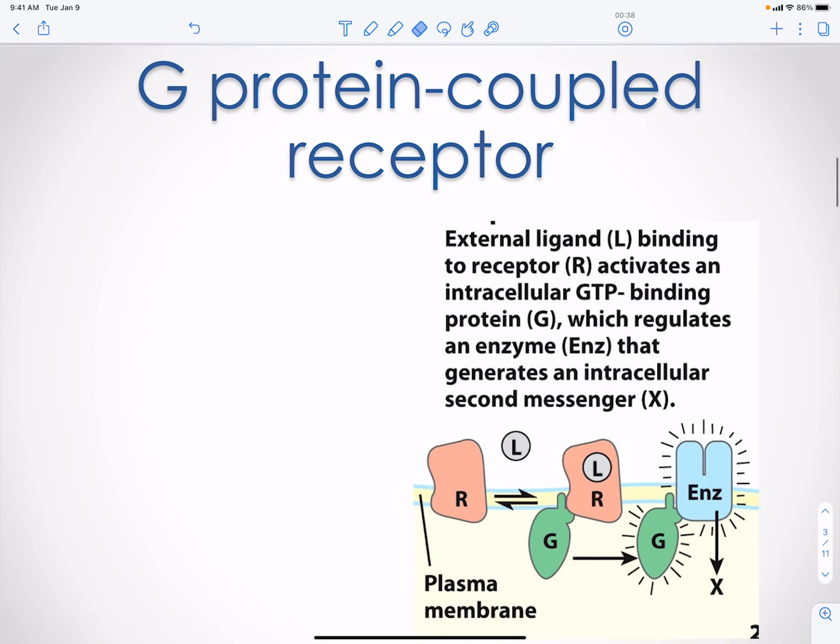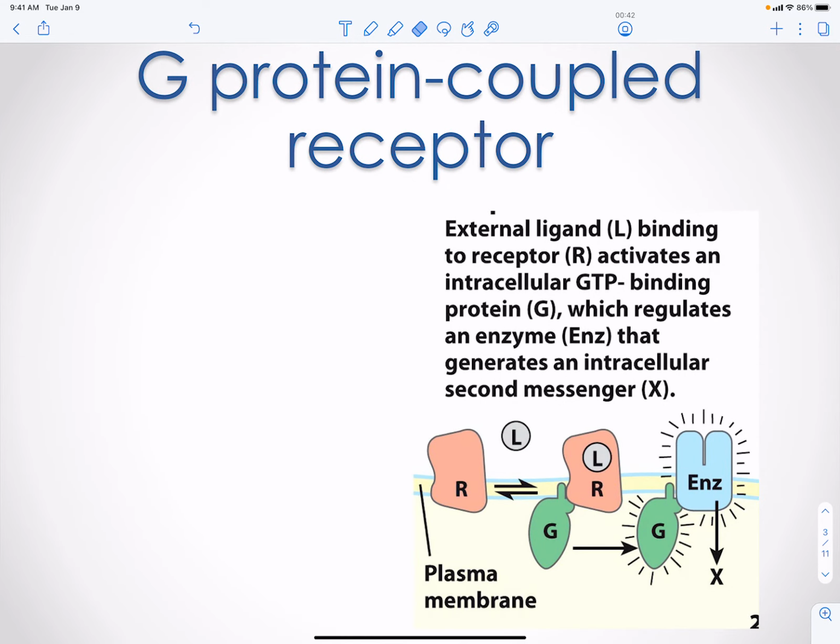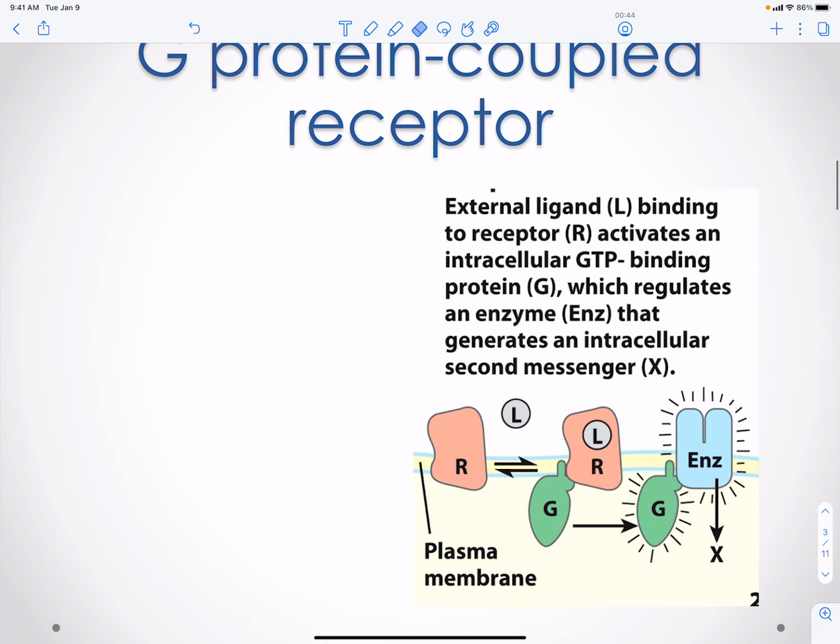So what we want to talk about first is our G protein coupled receptor. Again, we have our G protein coupled receptor, which will bind to some sort of ligand. This can be epinephrine, this would be glucagon. This ligand receptor bound will recruit a G protein, and this G protein will get activated.